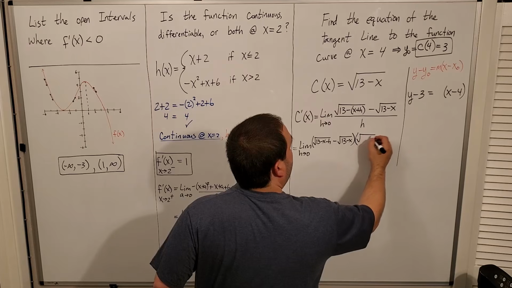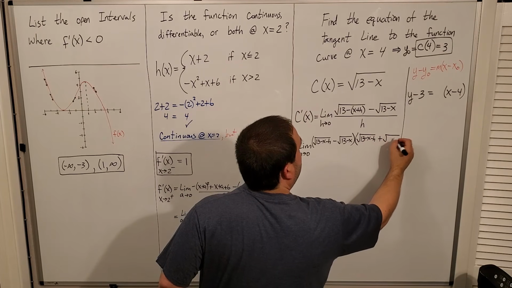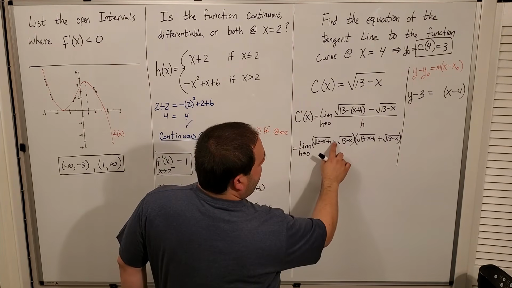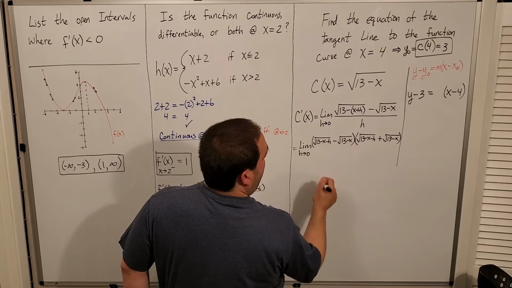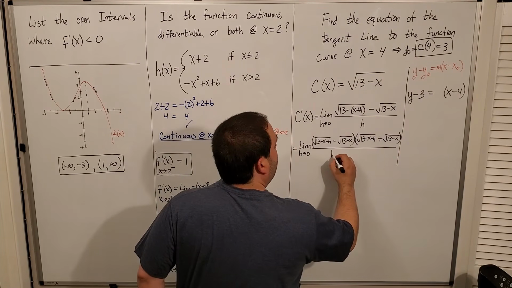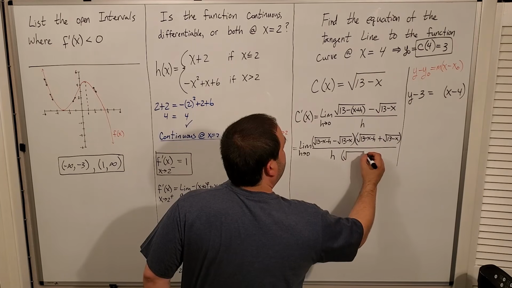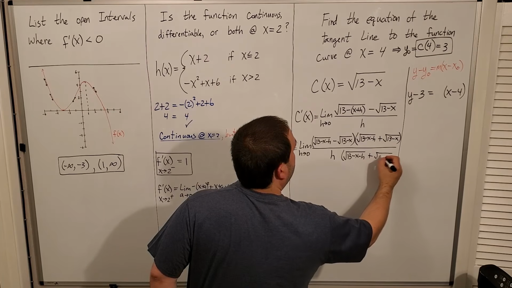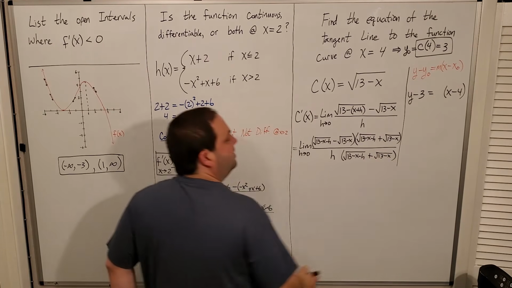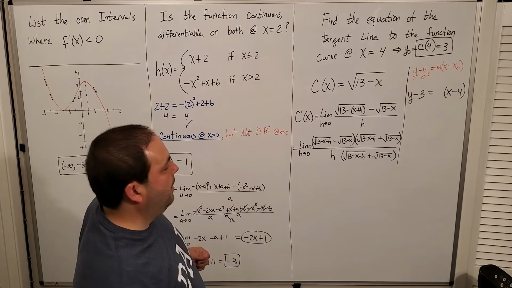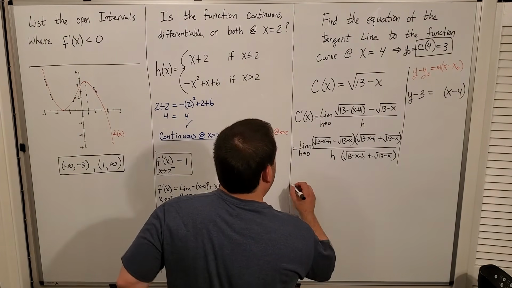That's going to be square root of 13 minus x minus h plus square root of 13 minus x. Notice it's identical, right? Except it has a plus instead of a minus. And then in the denominator, I will simply be multiplying the same thing, like so. That makes it legal. I'm multiplying the top and bottom by that conjugate.